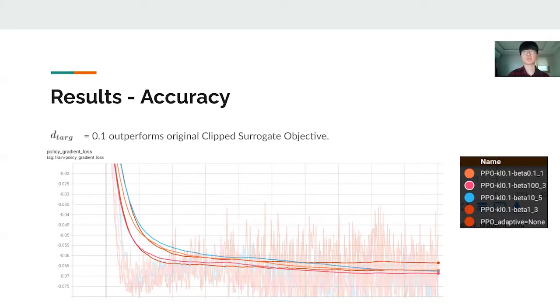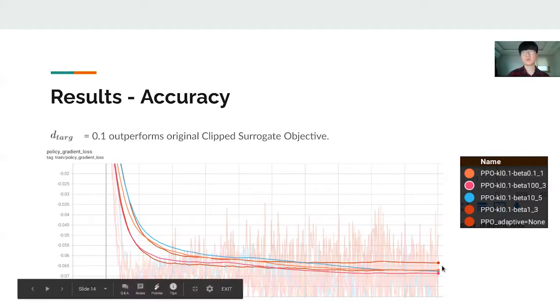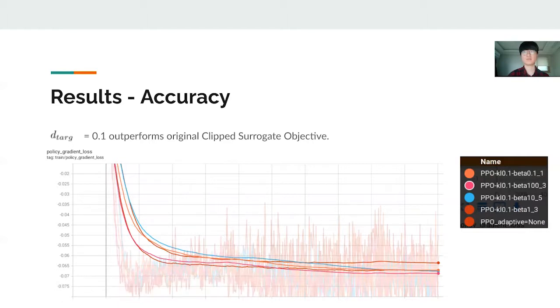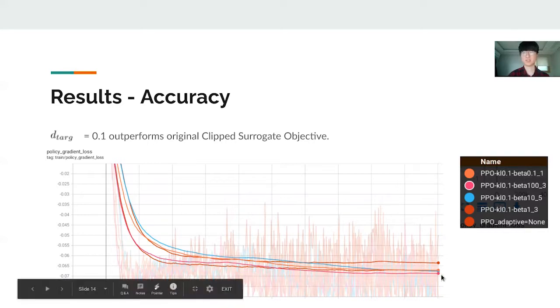In our experiment, 0.1 for target KL makes a smaller loss than the PPO, as in the graph. We tested with 4 different values for beta from 0.1 to 100. The improvement was, as you can see, almost the same among the best beta values.